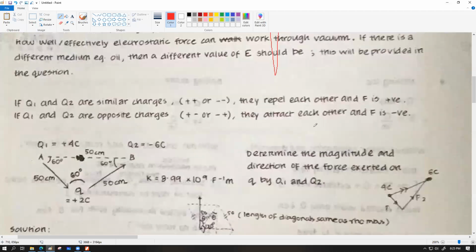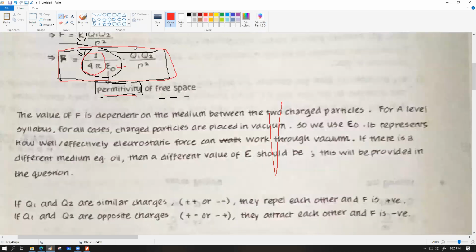So the part that is covered in this segment, have a look that it says that if Q1 and Q2 are similar charges, plus plus or minus minus, then they repel each other and F is positive. Try to think about it. If you use plus and plus, the product is positive. If you use minus and minus, the product is also positive, which means whenever you have a positive force, that force is supposed to be a repulsive force. Vice versa.